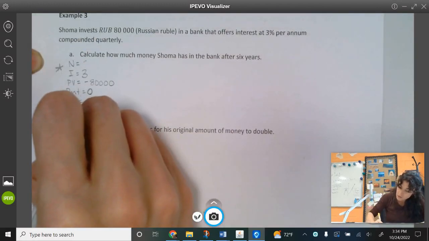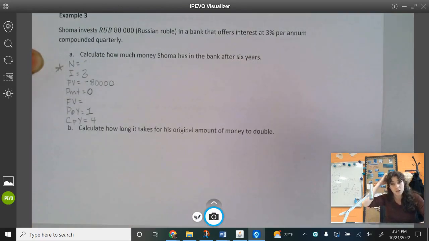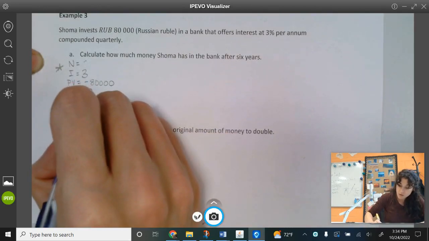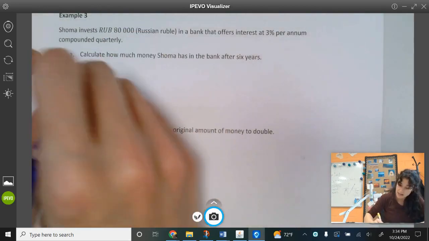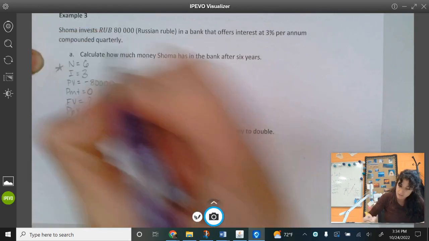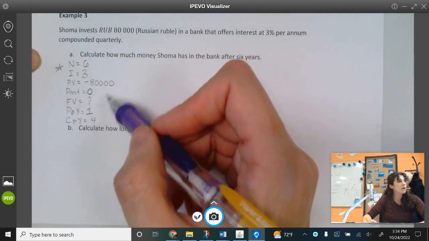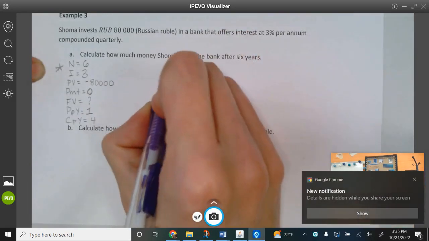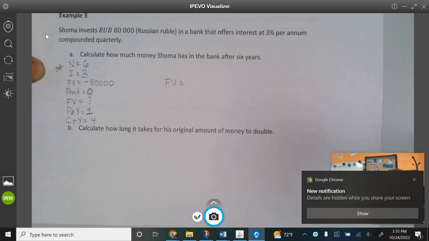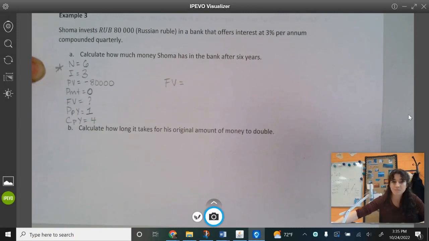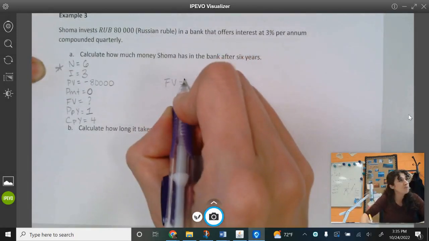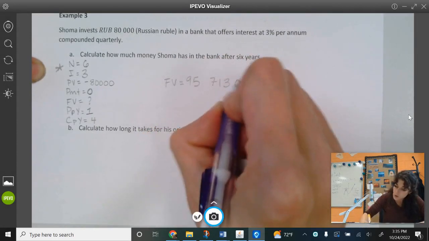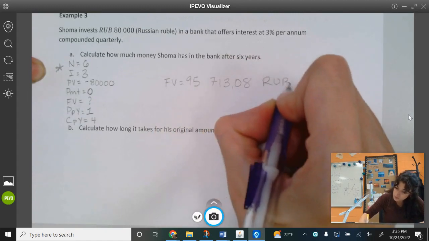There's no payments, so it doesn't matter how many payments per year because it's going to be just 0 every time I make a payment, but I'll put 1. My final value is what I would like to know. And my number of payments is going to be 6. So if any of those are different than what I put down, then your finance is probably going to be slightly different. Our final value should be 95,713.08 rubles.